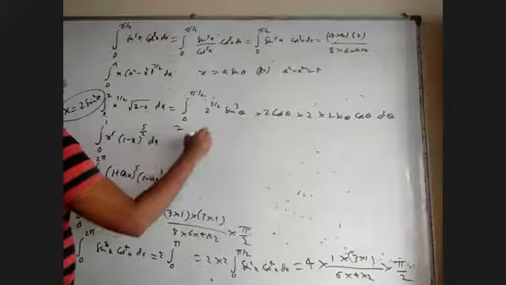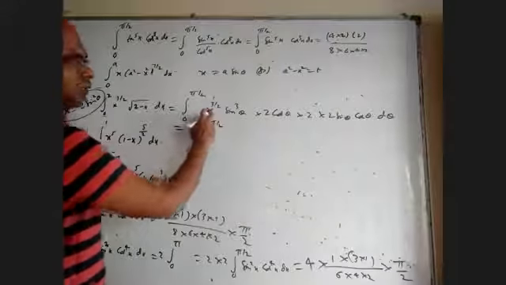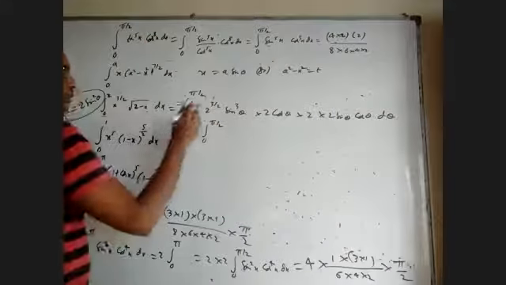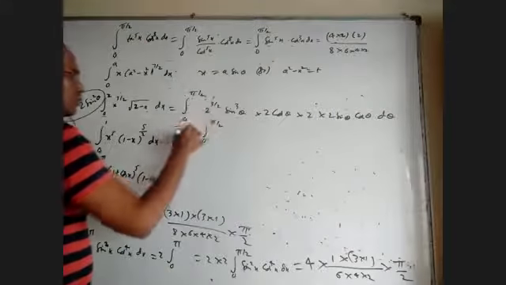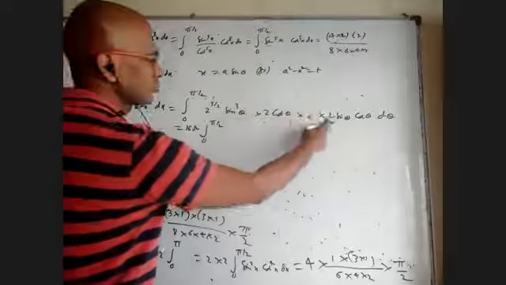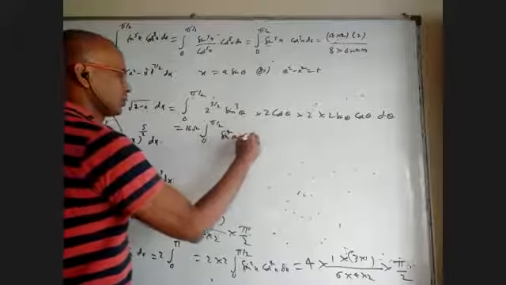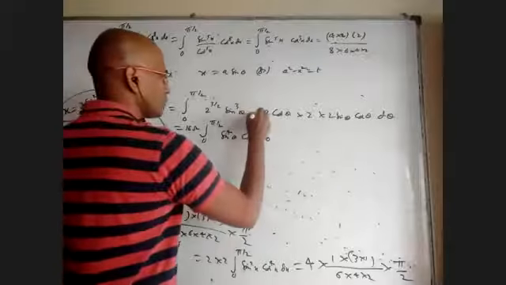So what will happen? 0 to pi by 2, 2 power 3 by 2, root 2 here, 2 here, 2 here, 2 cube, 8, 16 root 2 will come outside. Sine power 4 theta, cos square theta, where it should be root 2 cos theta. Yeah, this is root 2 cos theta.